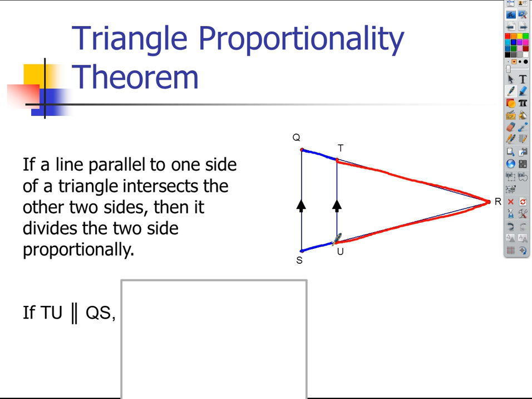So we could say that the ratio of, if I look at the top segment that's been cut at T, right? We've got the segment QR that was the side of the big triangle. It's been cut by this intersection, this other line here that intersected the triangle parallel to one side. And it's cut both of these sides into two segments, a big red one and a small blue one, right?